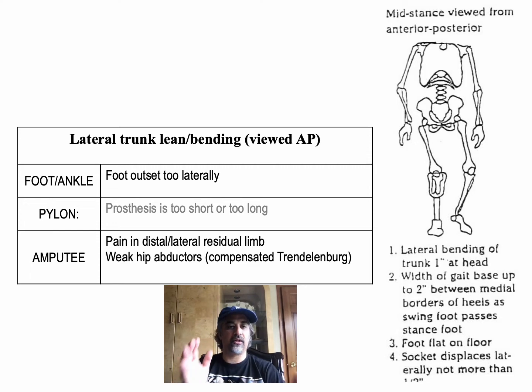Lateral trunk bending, which would be kind of like a compensated Trendelenburg gait. Generally, I find that this is due to the amputee either having weak hip abductors or they've got pain and so they're not firing their hip abductors.